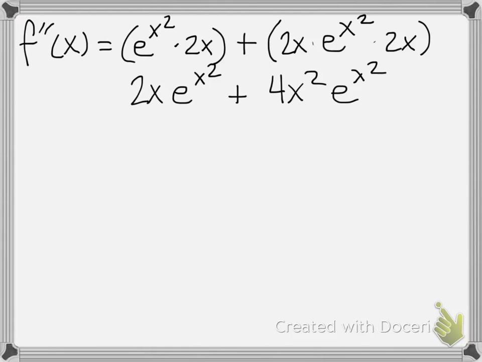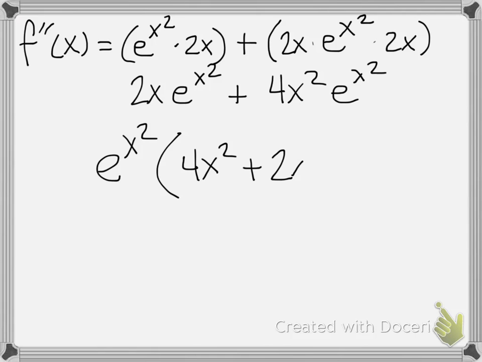Okay, and you should notice that there's several things we could pull out. We could pull out a e to the x squared and be left with 4x squared plus 2x.